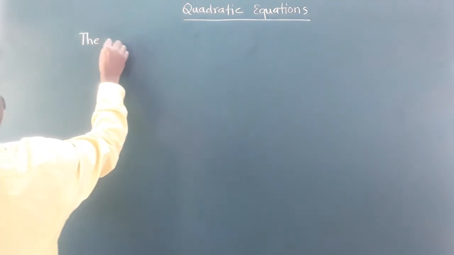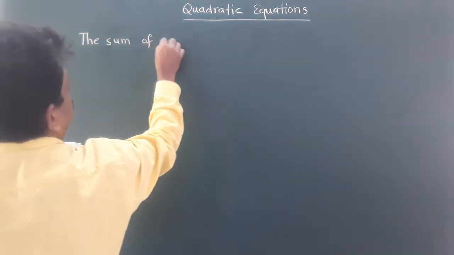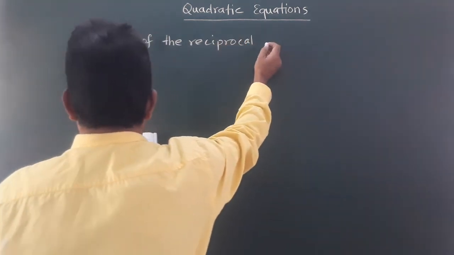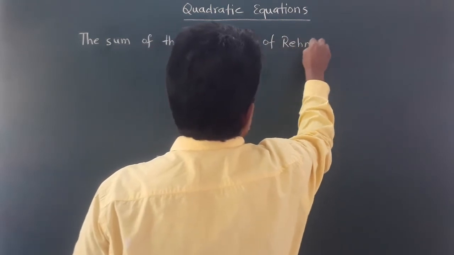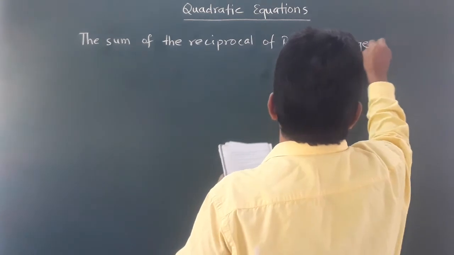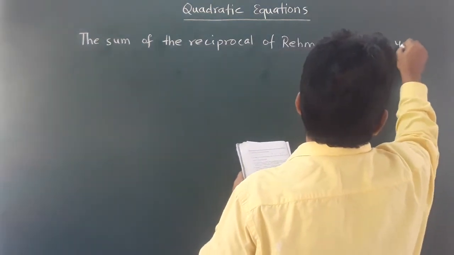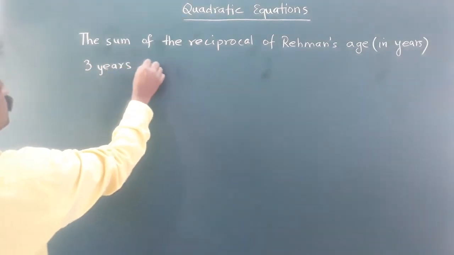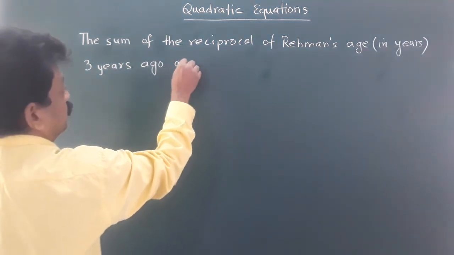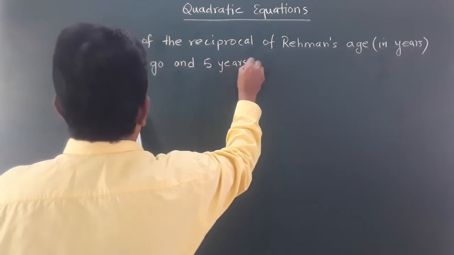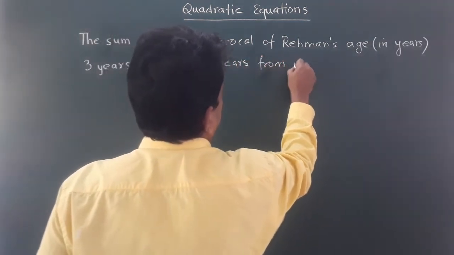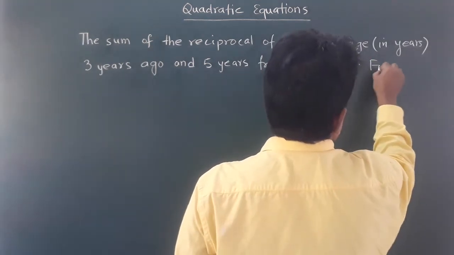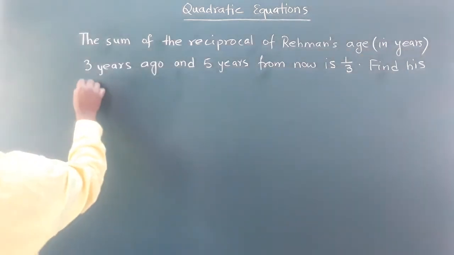The sum of the reciprocal of Rahman's age in years three years ago and 5 years from now is 1/3. Find his present age.